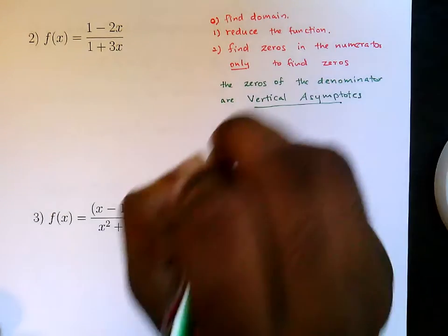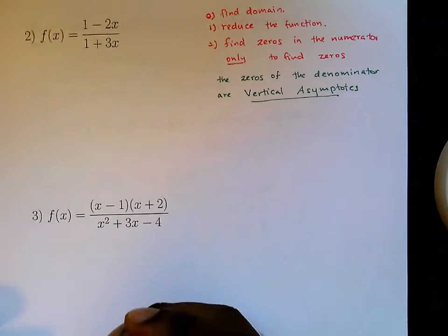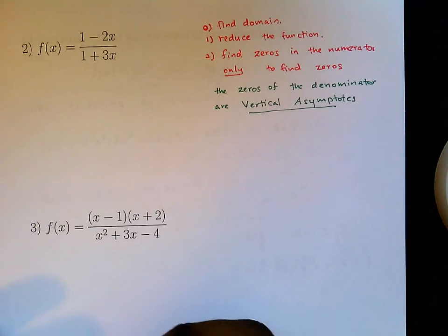That's it. Right now we will not talk about that. We will talk about zeros, and then we will build up on that. Once we are familiar, we can go to vertical asymptotes, but right now just zeros.